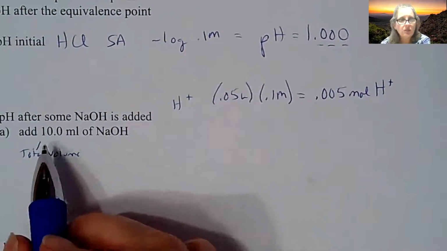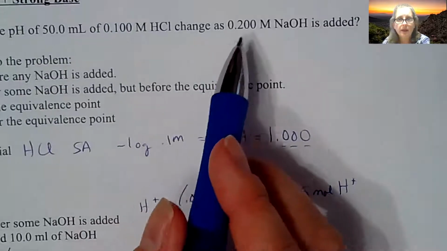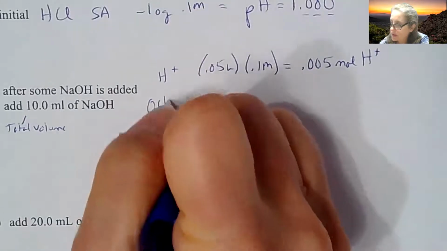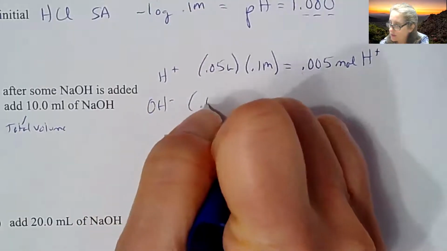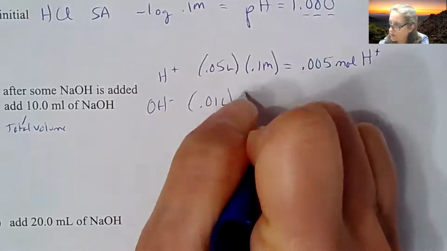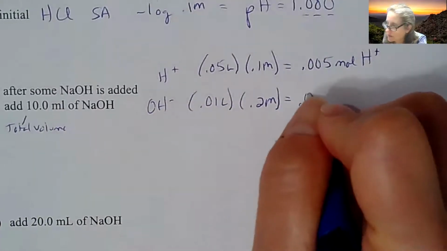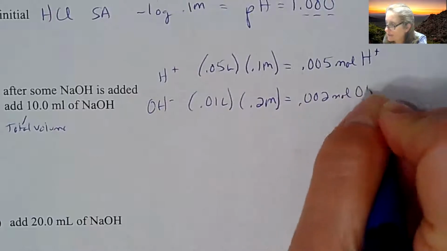Then my OH is the 10 mL I'm adding there, and I have a 0.2 molar concentration. So my OH is going to be 0.01 liters times 0.2 molar, and that gives me 0.002 moles of OH.